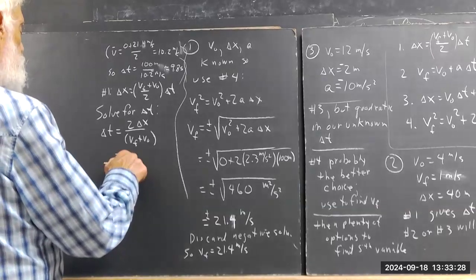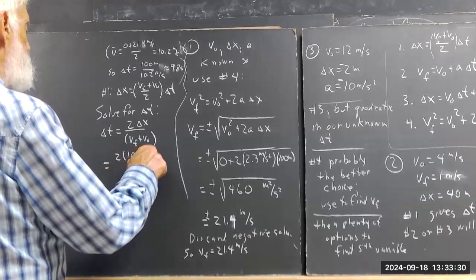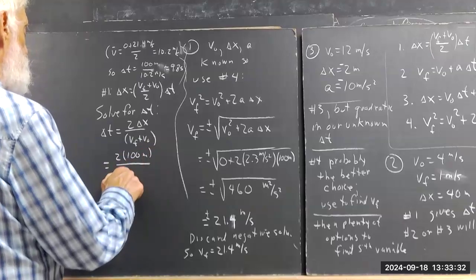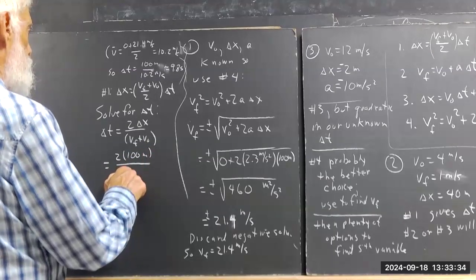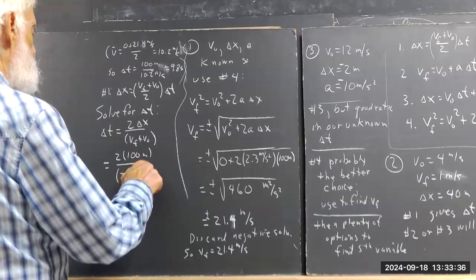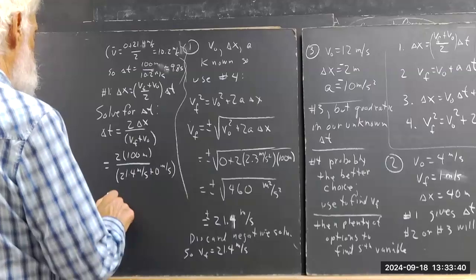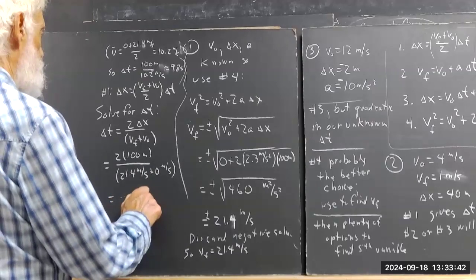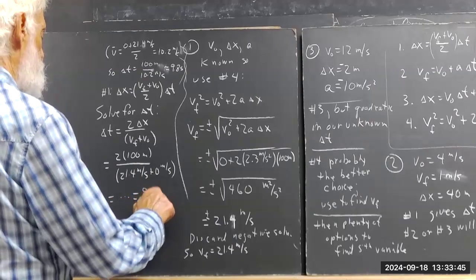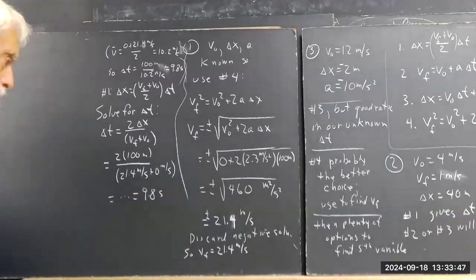That's going to be 2 times 100 meters over 21.4 meters per second plus 0 meters per second, which equals about 9.8 seconds.